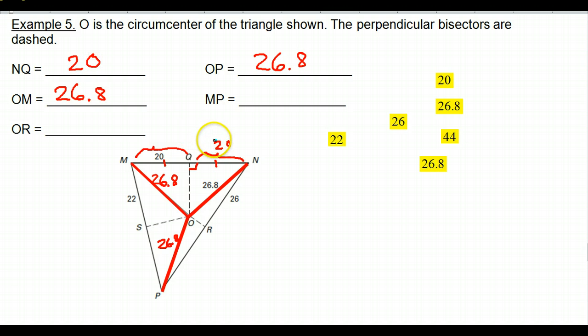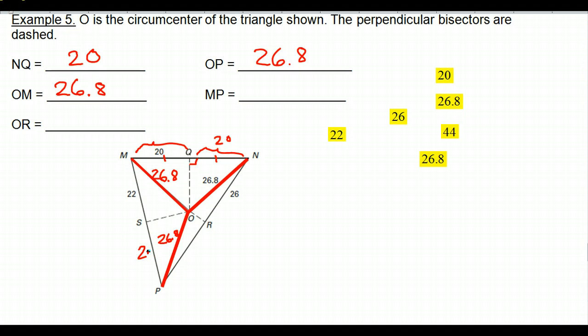What's next? MP. If this is the midpoint, then if MS is 22, then SP should also be 22. So if both of those are 22, then the distance from M to P is going to be 44.